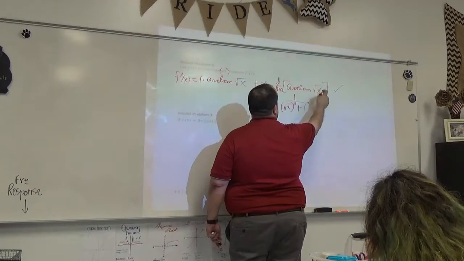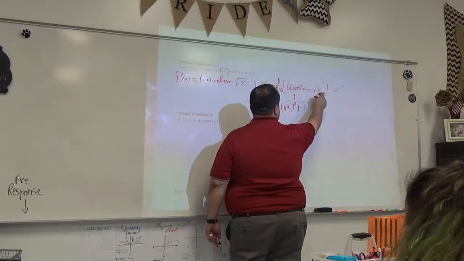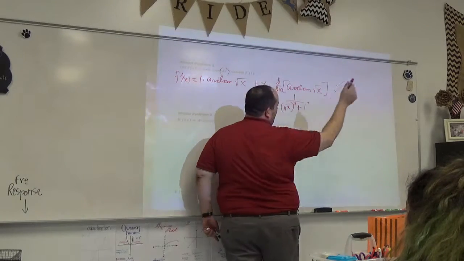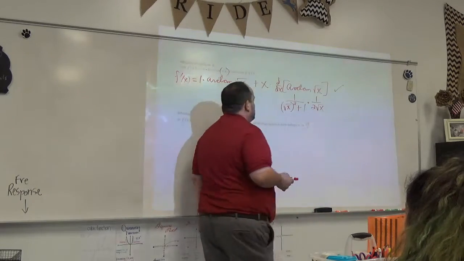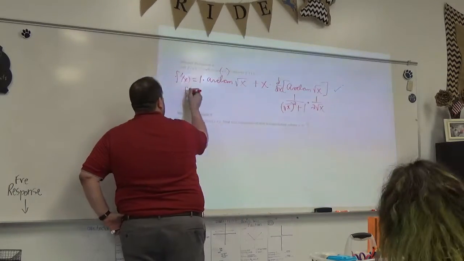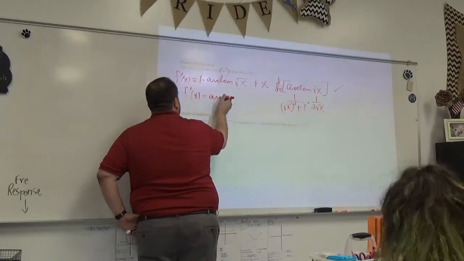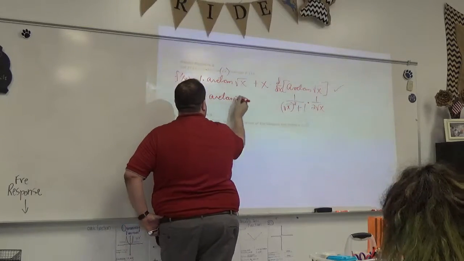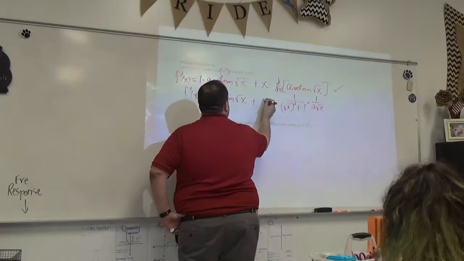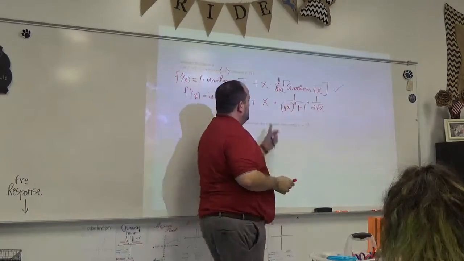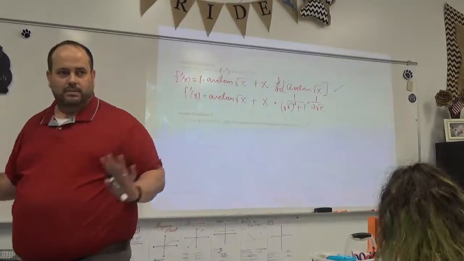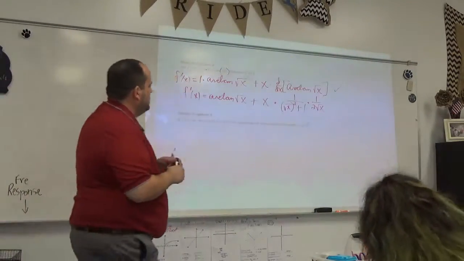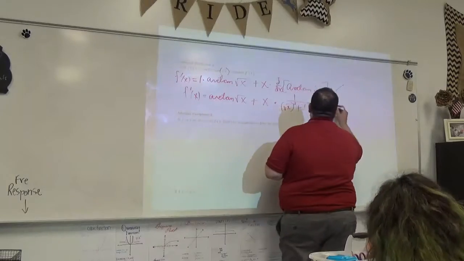If only you had a teacher that was telling you all the time, memorize the derivative of the square root of x, you guys would all be able to tell me 1 over 2 radical x. So your derivative, f prime of x, is arctan square root of x plus x times all that stuff. And I would not worry about simplifying, but I would also hope that you all realize you're not done.